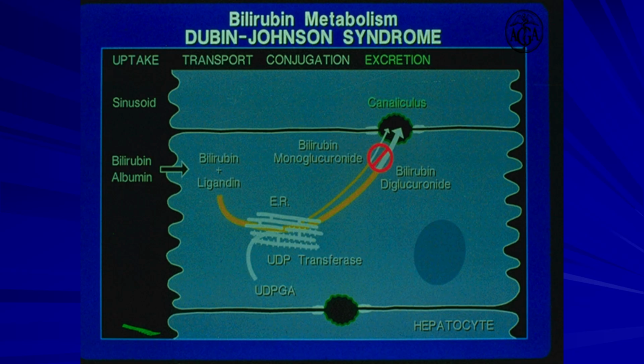This is an inherited condition characterized by episodes of jaundice secondary to increase in conjugated bilirubin this time, and by tea-colored urine, because conjugated bilirubin is water soluble and is able to cross the kidney into urine.